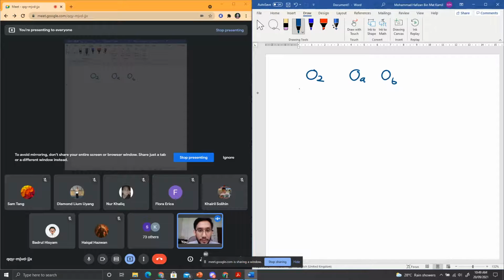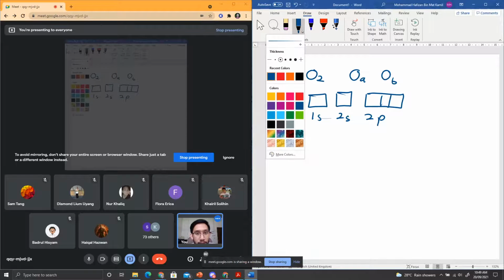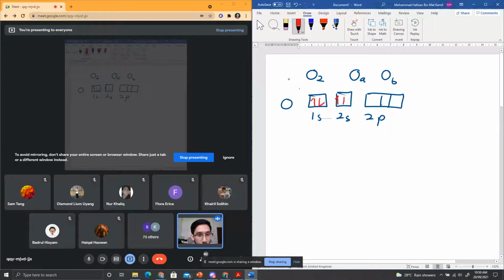So kalau kita tengok oxygen has 8 electrons. So kita isi. So for oxygen, we have 1s, 2s and 2p, right? So here 1, 2, 3, 4, 5, 6, 7. Okay, how do they share?